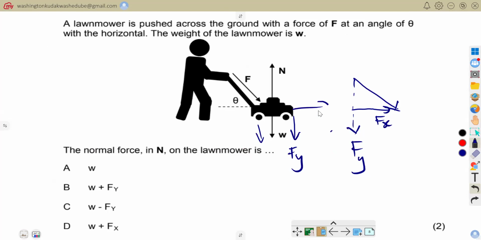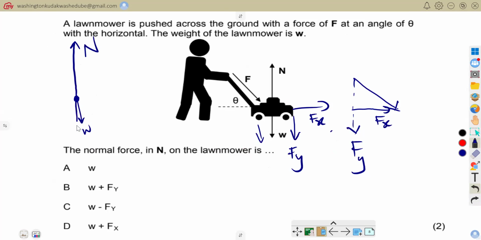And then in my horizontal, I now have Fx. So for the forces acting on this lawnmower, let me draw a free body diagram. Let me try to draw it neatly. I've got a normal force. And then going down, I've got my weight.